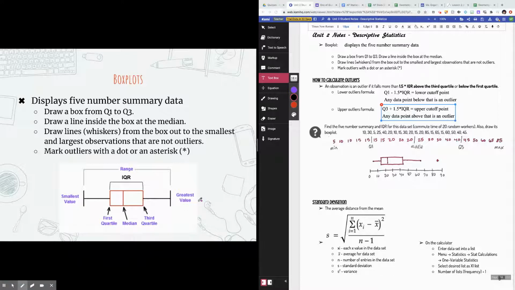It shows you how you can use the 5-number summary to figure out range, IQR, median, things like that. Remember, IQR is your box, first quartile to third quartile. Your range would be from your minimum to your maximum. And then your median is there in the middle.